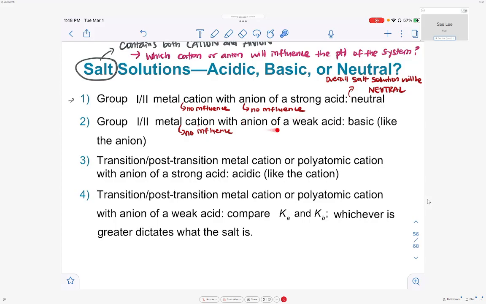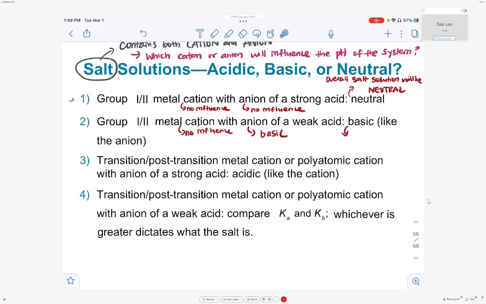The anion of a weak acid is going to be basic. So the overall salt solution will be basic.